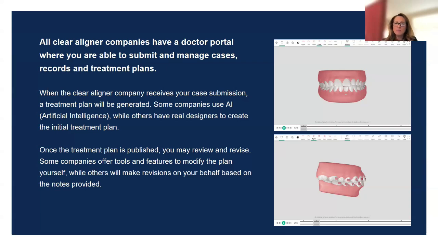I do not like the outcome. That's a little bit more protrusive on number 8 and 9 than I would like. Or if you look at the upper, to me, it looks more like there's an open bite. So you would say to them, okay, I want 8 and 9 retruded a little bit and brought down a little bit.